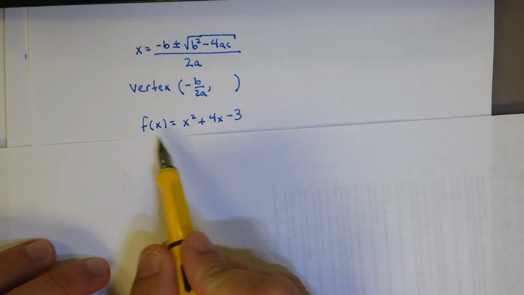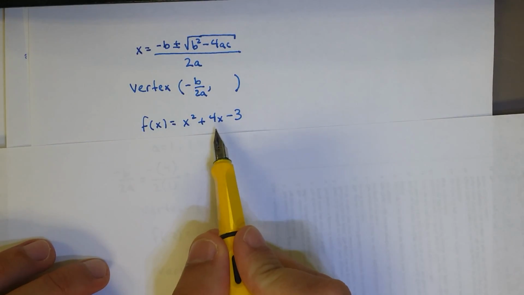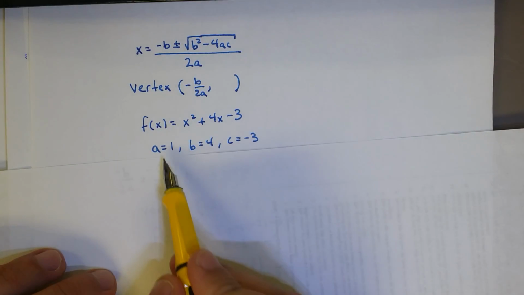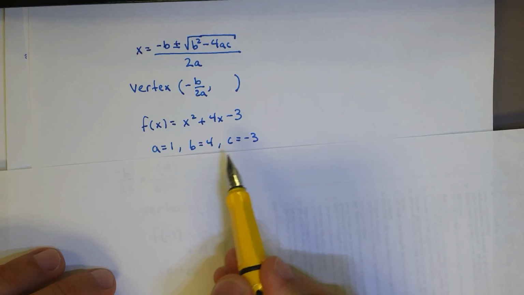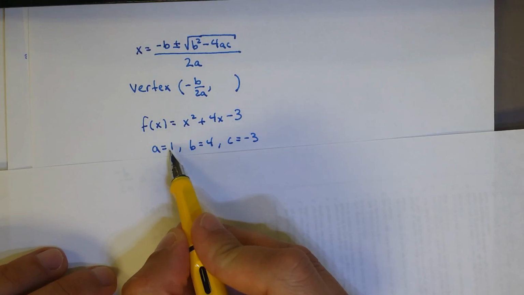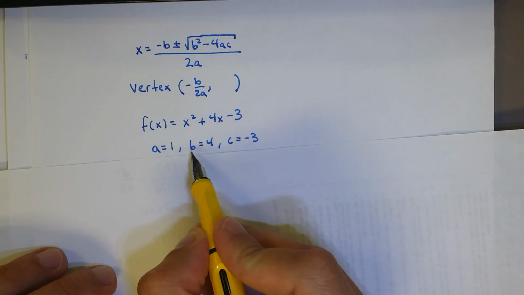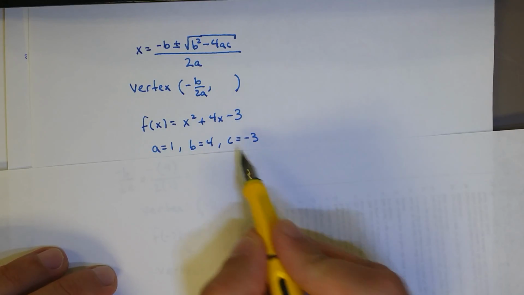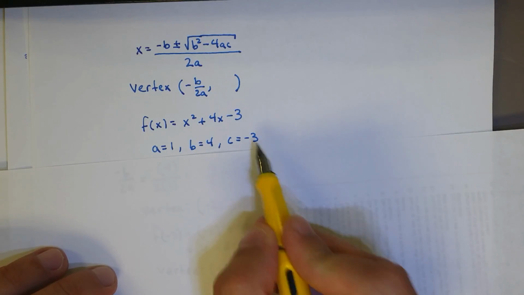So I've got f of x equals x squared plus 4x minus 3. I'm going to identify my a, b, and c, and I found that the coefficient a is 1, the coefficient b is 4, and the constant term c is -3.